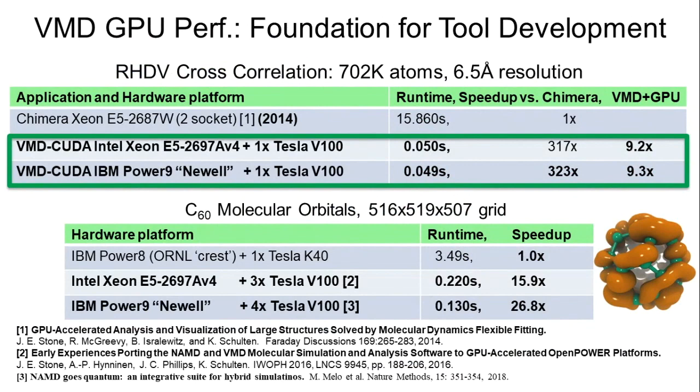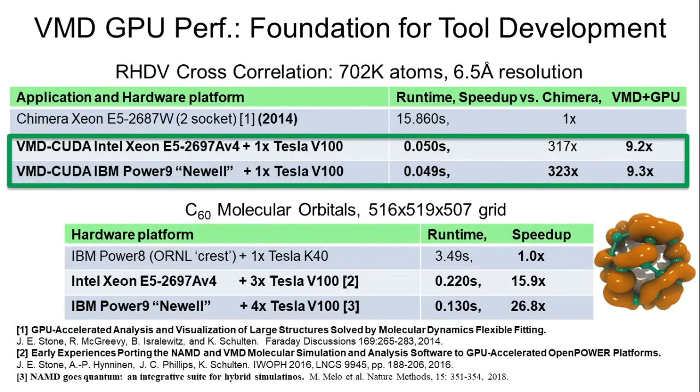Another one is for quantum chemistry visualization, large hybrid simulations that involve both molecular mechanics and quantum chemistry. The state-of-the-art versions of NAMD now link to both ORCA and other quantum chemistry packages. I think we now have support for TeraChem.